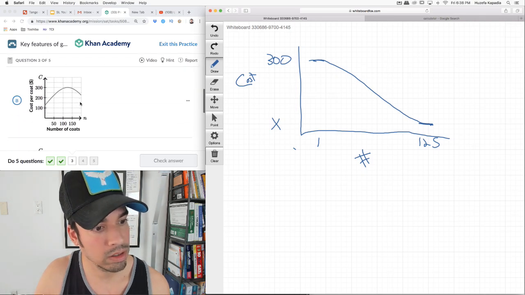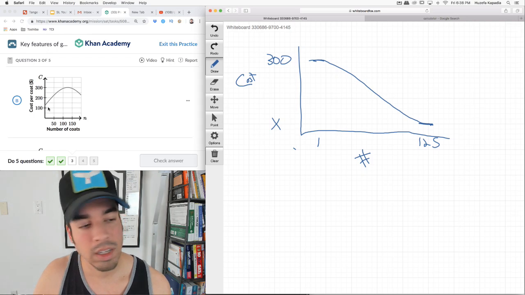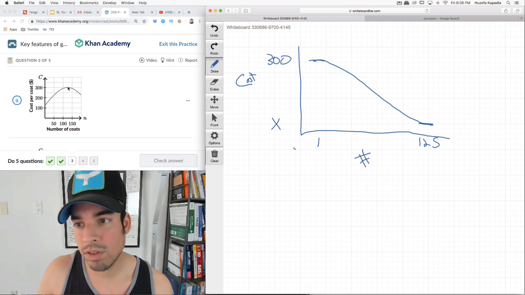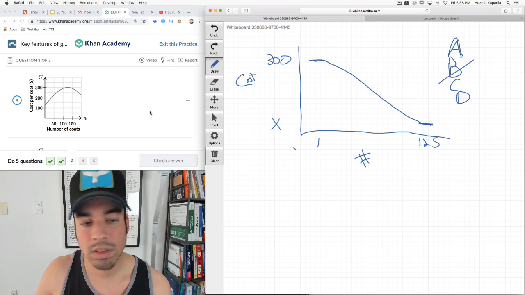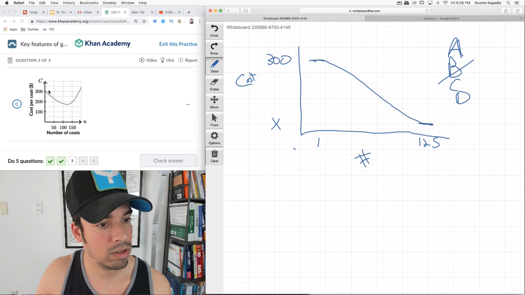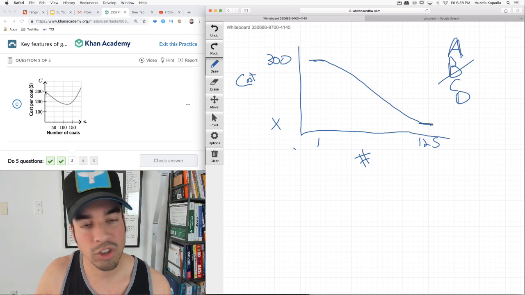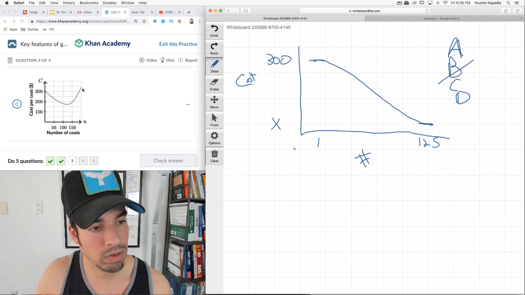Okay, let's see what else. This doesn't make sense. It's putting the maximum at 125. So I'm going to eliminate some of these: A, B, C, D. So B is out. This looks okay, except it said that 300 is the maximum. So we can't have a maximum occurring over here because 300 at one coat is the max.